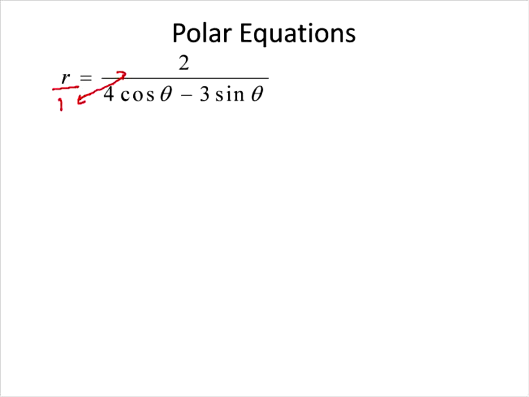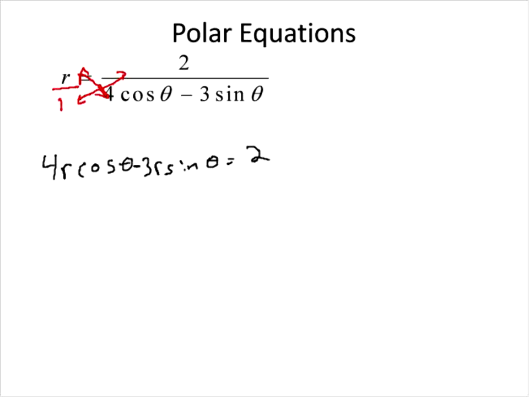I'm going to multiply 1 times 2, and I'm going to multiply r times 4 cosine theta minus 3 sine theta. So after I cross multiply, I'll wind up with 4 times r cosine theta minus 3 times r sine theta equals 2.